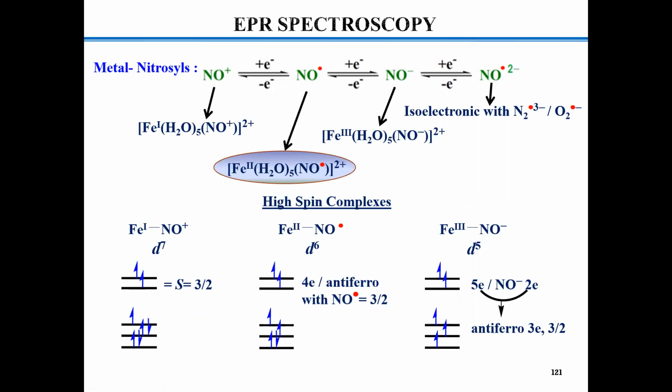So all the three configurations give you the same EPR, so EPR cannot distinguish it. But Mossbauer can give some impression, not a complete impression. Calculations too: they are so energetically close to each other that even calculation fails. So that is how this problem is still alive.